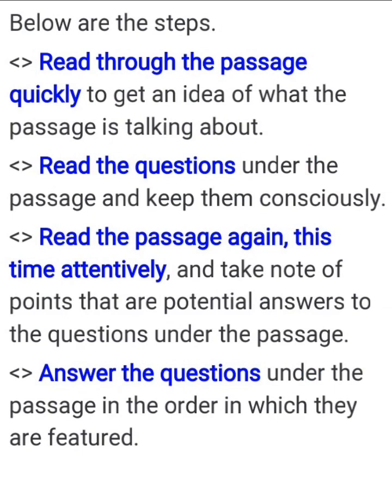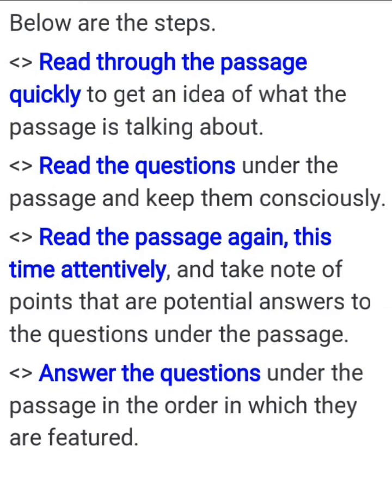Then the second step is read the questions under the passage and keep them consciously. When you have read through the passage quickly, the next thing is read through the questions that are printed under the passage. Then when you read through the questions, you keep them in your mind. That's what we mean by keep them consciously.